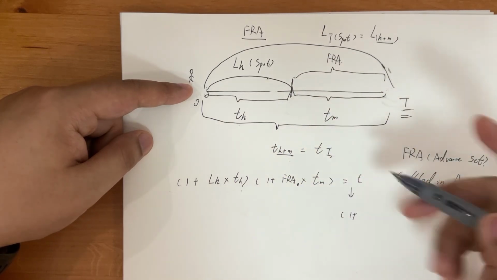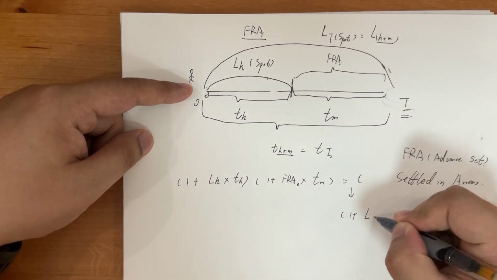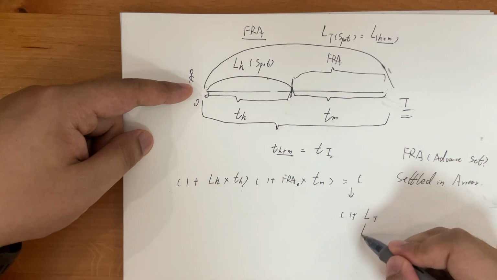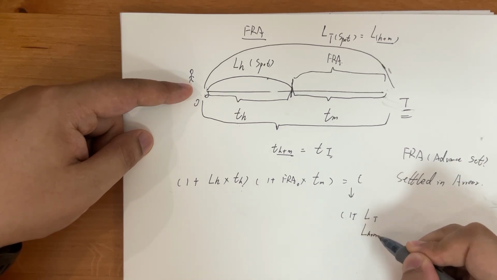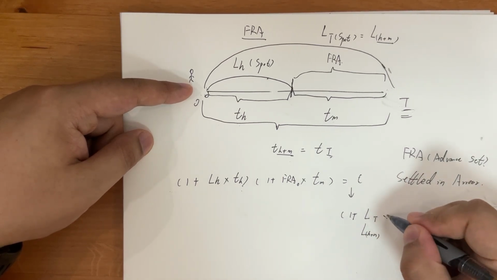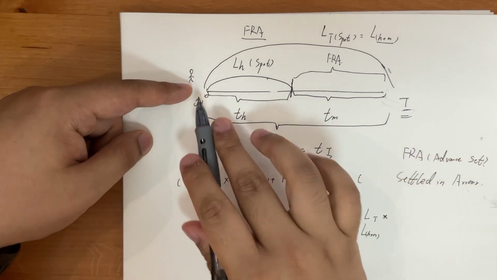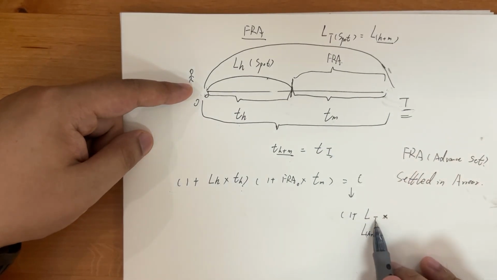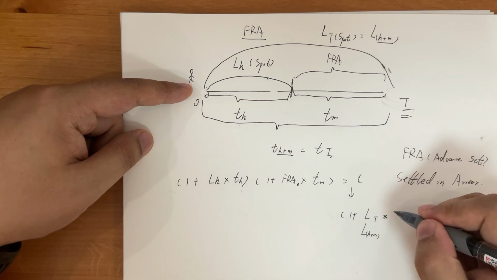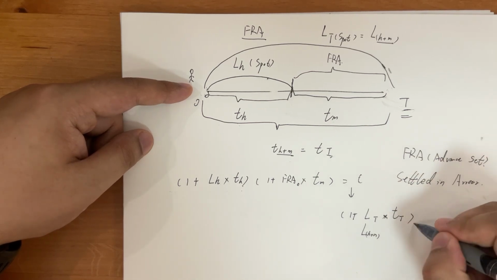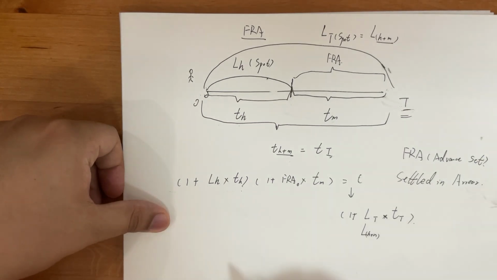That will be 1 plus L_t, or 1 plus L_(h plus m). Of course, we're going to multiply that by the whole time frame, so if it's t, the time frame will be T. Pretty simple. And that's it.